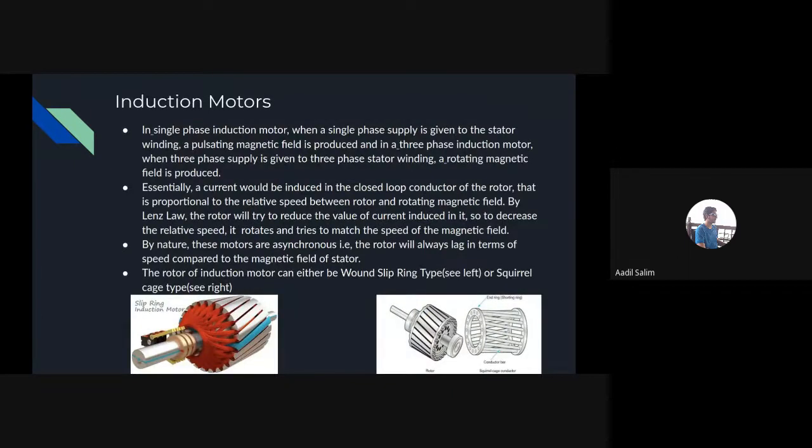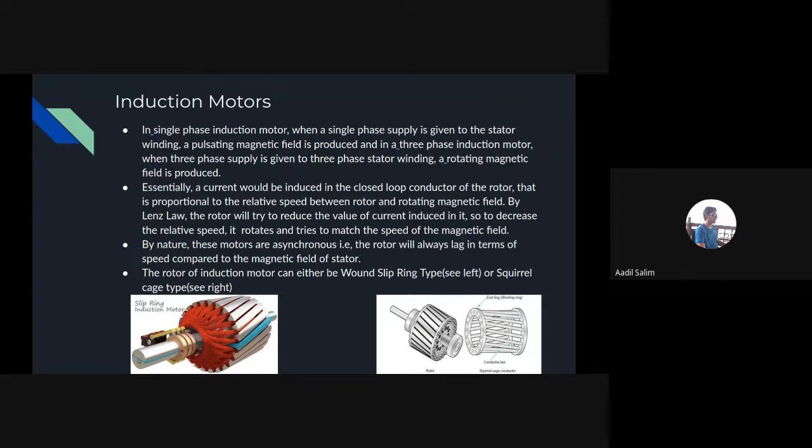Now we'll move on from DC motors to AC motors. In AC motors, AC stands for alternating current. Basically, a current whose magnitude and direction constantly keeps changing. And the first kind of AC motor is the induction motor. It can either be single phase or three phase. A single phase motor leads to a pulsating magnetic field.